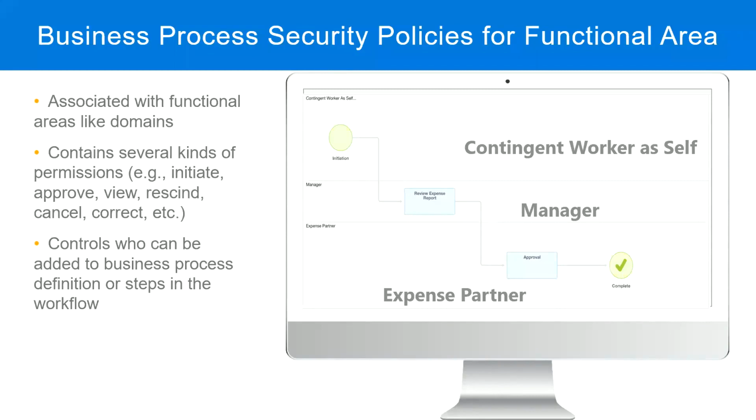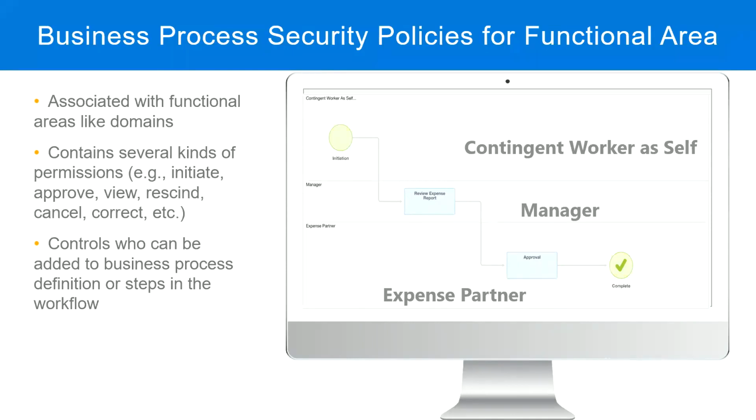Okay, the business process security policies will control the access to the business process. And it contains things like who can initiate the business process, who can approve tasks in a business process, who can view the steps, who can rescind, meaning roll back the business process, who can cancel an in-progress business process, who can correct or make changes to the business process.